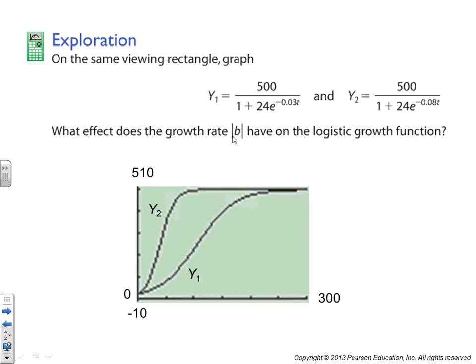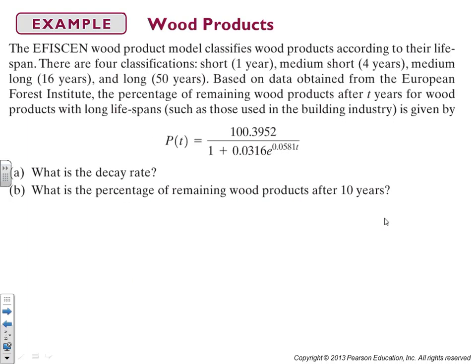What effect does the growth rate b have on the logistic growth function? So if I have negative 0.03 and negative 0.08, negative 0.08 has a steeper curve. Awesome.